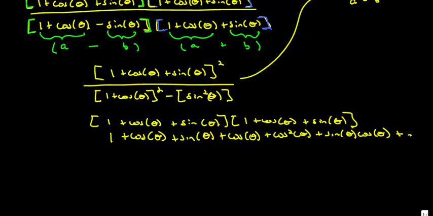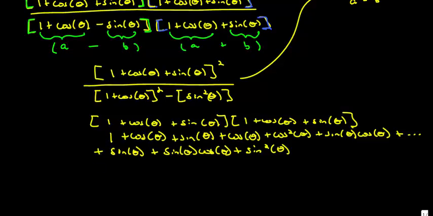So plus, see, this is why I didn't want to multiply it out. So plus sine theta plus sine theta cosine theta plus sine squared theta. That's just the top, okay? So what have I got here that I can reduce? Well, I've got a cosine, so I've got 2 of those guys.